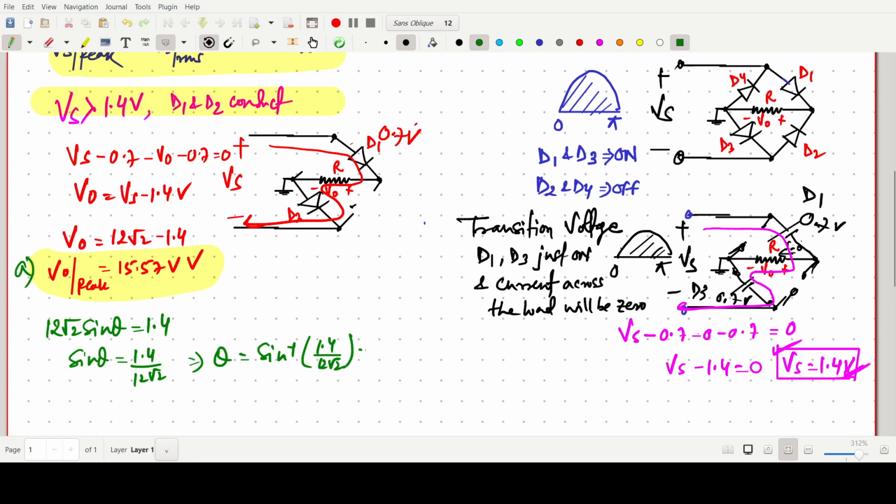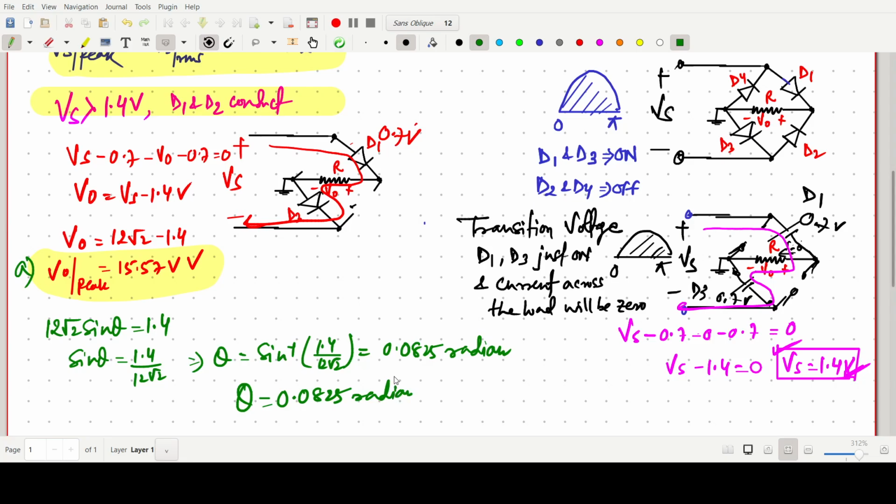I have already calculated it. If we calculate, it will come 0.0825 radian. I calculated using radians, so the theta value is 0.0825 radian.